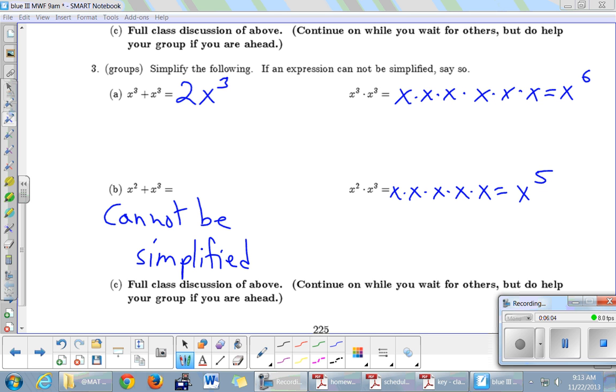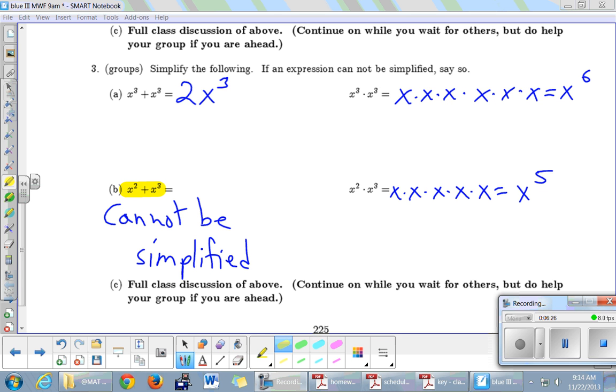All right, so this is important. Everybody listen, please. You can multiply anything that you want. X squared, x cubed, the x's don't care that they have different powers up there. You can multiply them. But addition and subtraction is really picky. You cannot just randomly go around adding up different things and hope that you can combine them. X squared plus x cubed, can't do anything with.